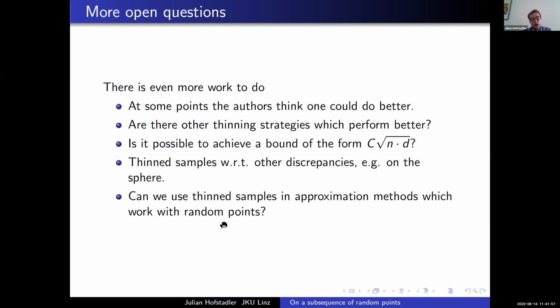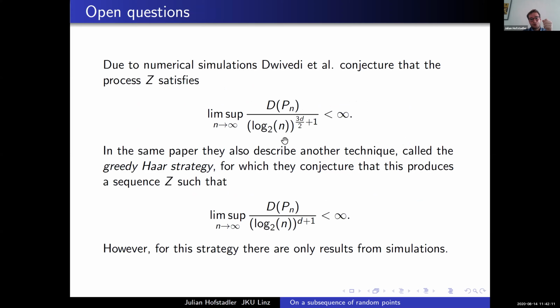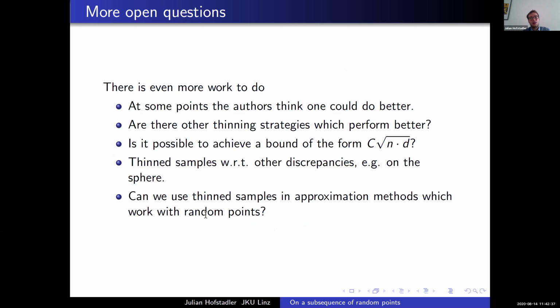now. But another point is, are there probably other thinning strategies which perform even better? There too, let me go back to the previous slide. So we see in these asymptotic results, we are still away from having a low discrepancy point set or sequence, because this exponent is just too large. So another question would be, are there thinning strategies which could produce a low discrepancy point set or sequence?